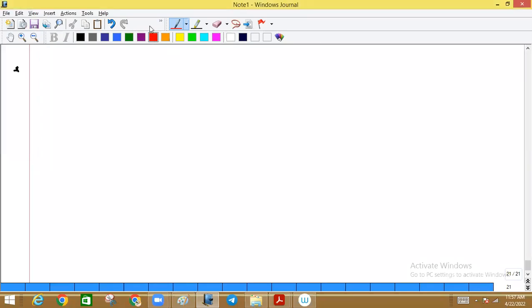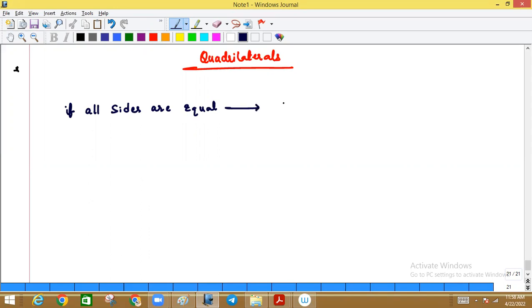You put the heading as quadrilaterals. If all sides are equal, then diagonals are perpendicular.